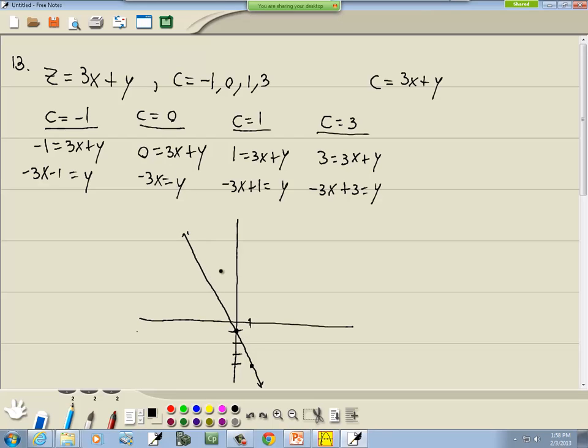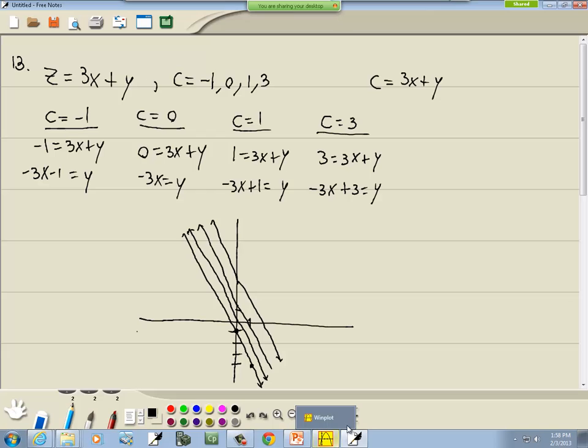Now this one, y is equal to -3x, would be this one. And this one is y is equal to -3x plus 1. They're parallel lines. And I'm not drawing that real well. And this one would be +3. So it'd be something like that.